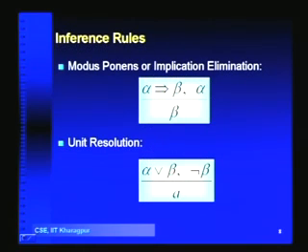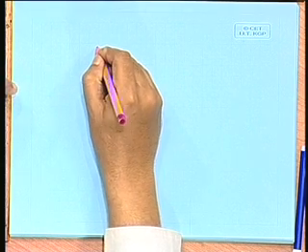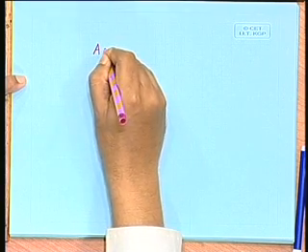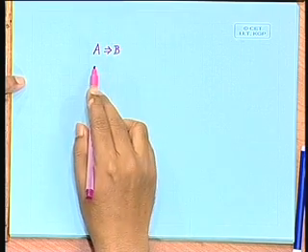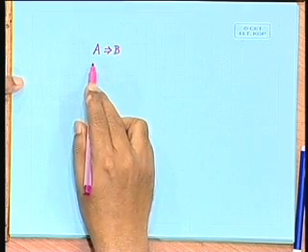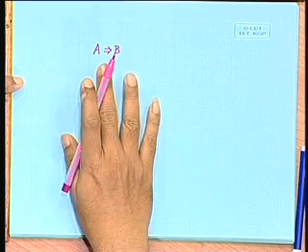Okay. Before we go into modus ponens, let us look at one thing here, that when we are talking about A implies B, can you represent this in terms of the basic Boolean operators?